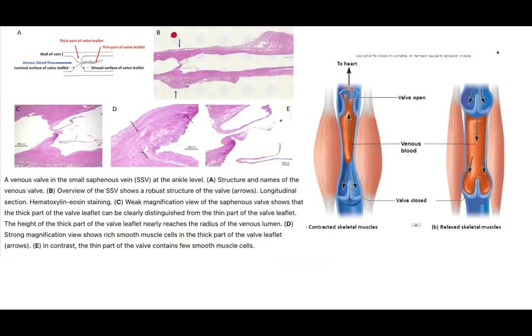But the other weird thing about veins was that they had valves. When we're thinking about how blood moves through the arteries, arteries are directly off the heart, moving blood away from the heart. Blood is being pumped because of the force from the heart.